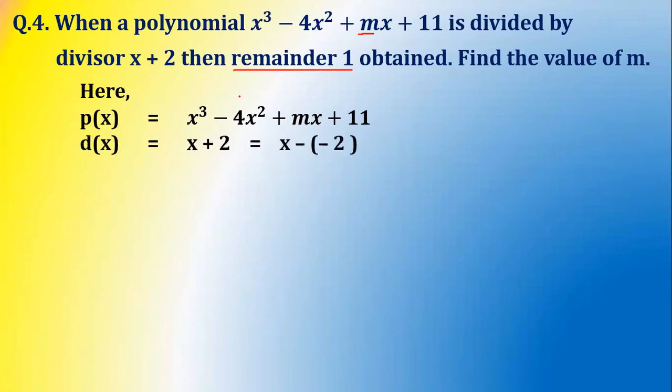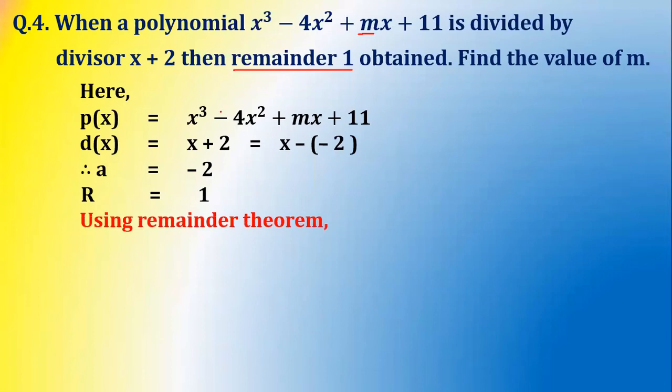So when we compare this divisor with our standard form x minus a, the value of a would be minus 2. As we are given the value of the remainder as 1, by using the remainder theorem we can apply r equals p(minus 2).